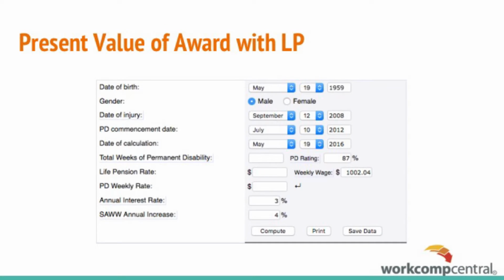So an example might be, like I have keyed in here, an 87% permanent disability rating, which means that person's going to get $230 a week for a certain period of time, like 10 or 12 years, and I forget exactly what it is. And then after that runs out, then the life pension kicks in at whatever is applicable for this wage rate and this level of permanent disability.